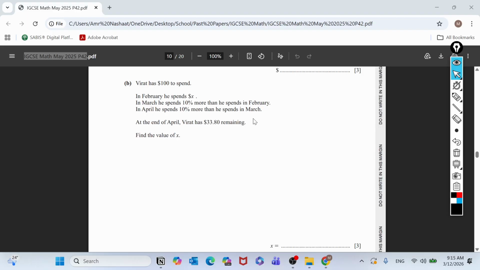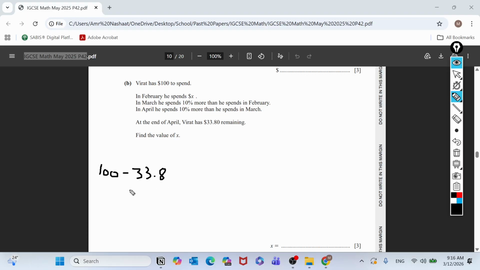Virat has $100 to spend. In February, he spends X amount. In March, he spends 10% more than he spends in February. And in April, he spends 10% more. At the end of April, he has 33.80 remaining. Okay. So he starts with 100, and at the end he has 33.8.